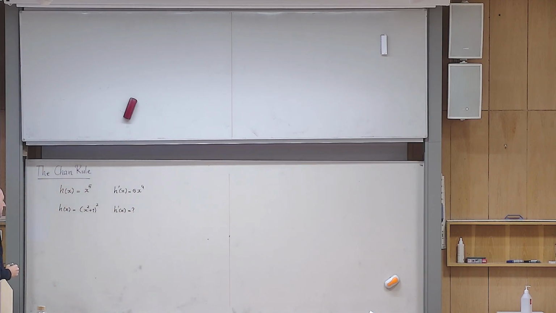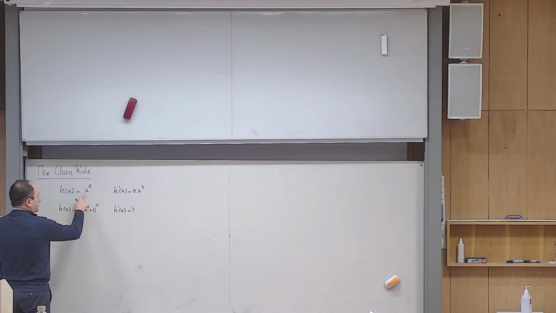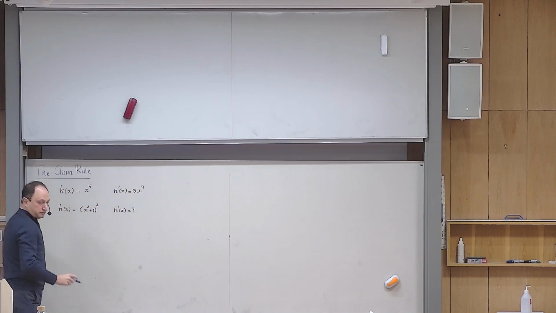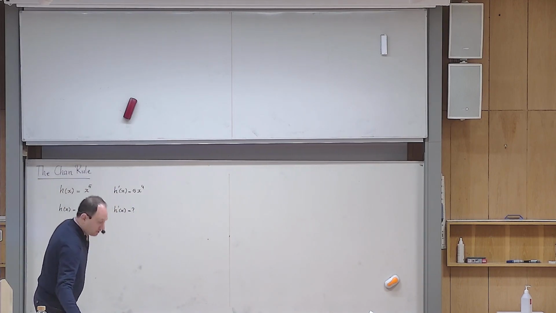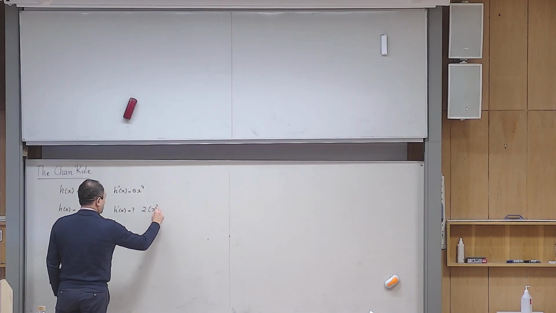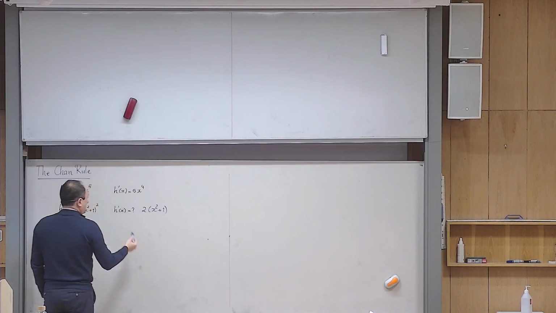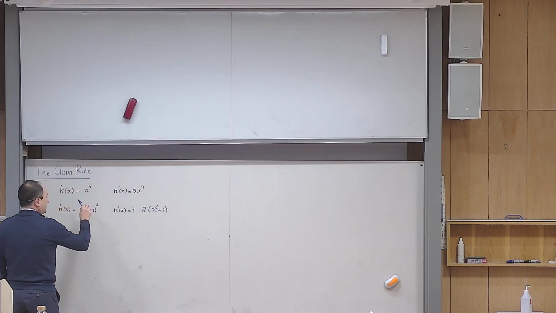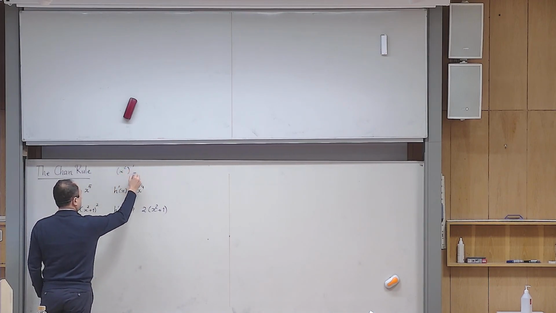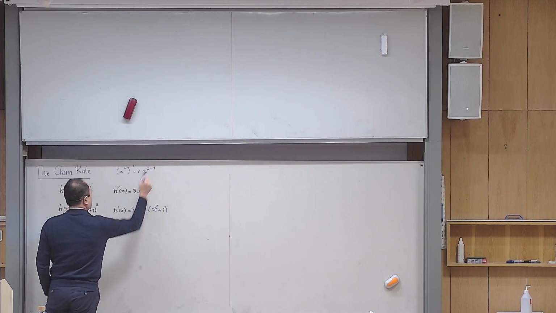Okay, so if you want to use the same rule that I use for this simple function, meaning that I bring 2 down, and so for example, I bring 2 down and write x squared plus 1. I'm trying to find an analogy between the previous formula that we had, the derivative of x to the power c is c x to the power c minus 1.